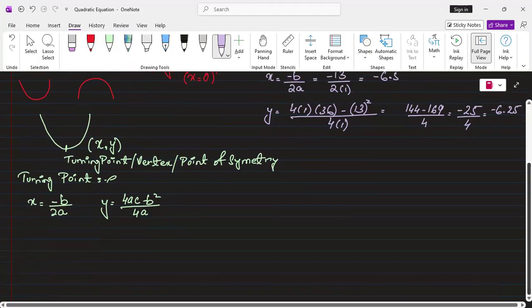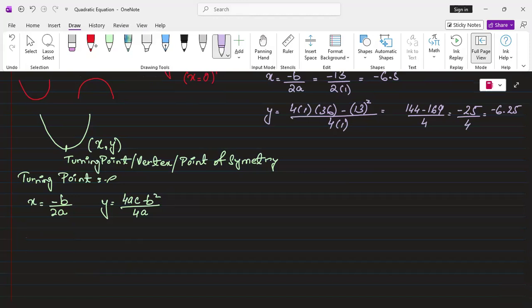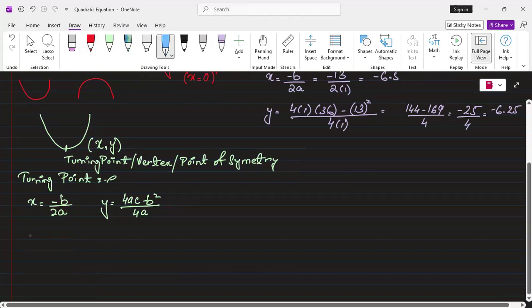Okay. Now, moving forward, you need to know how to factorize this equation. For example, the equation given is x square minus 13x plus 36 is equivalent to 0. There are three ways of simplifying this equation.